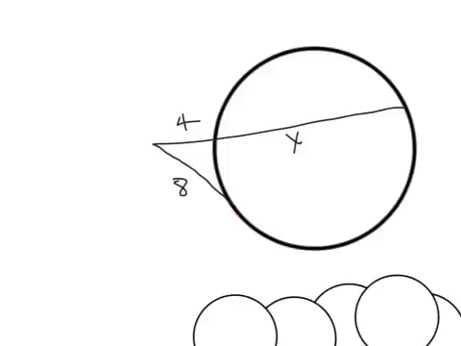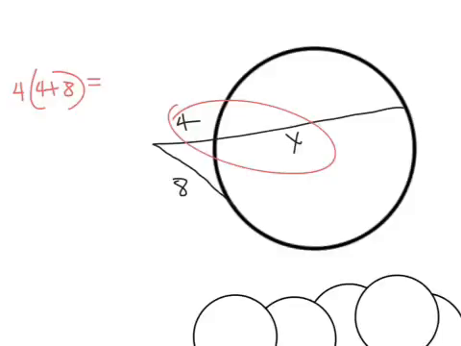Alright, the way this works is we do this one the same way as we did in the last one, 4 times 4 plus x. But when I only have one line here, or one number there, I just square it.